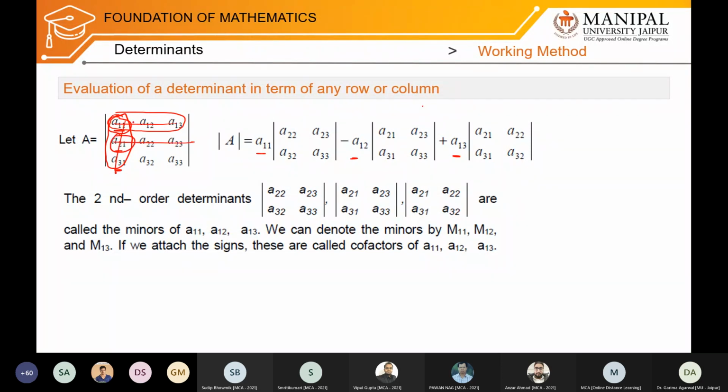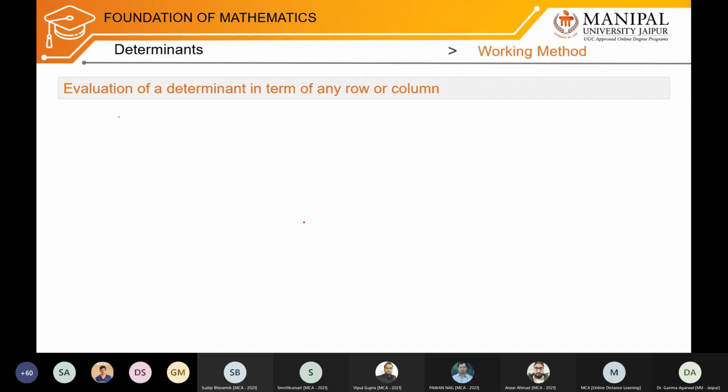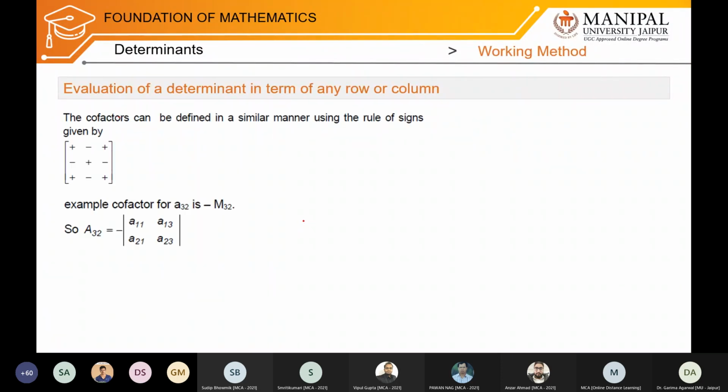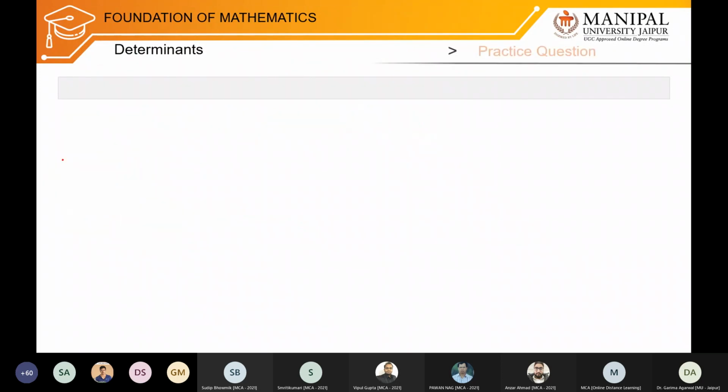For A21 we hide its row and column and write the remaining 4 elements, like that. These are the signs we need to use: for the first element positive, then negative, positive. Then negative, positive, negative, and so on. Every sign alternates between negative and positive.